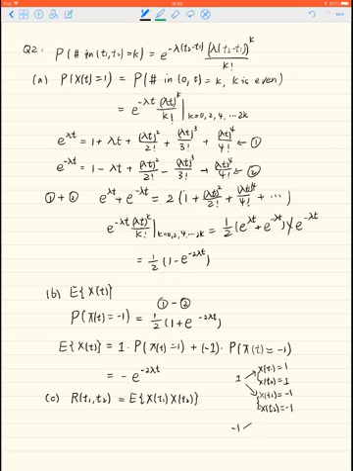And if the answer is minus 1, there should be X(T1) equals minus 1 and X(T2) equals 1, or X(T1) equals 1 and X(T2) equals minus 1.